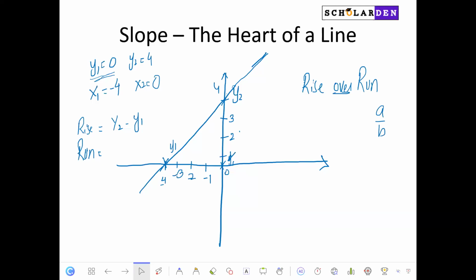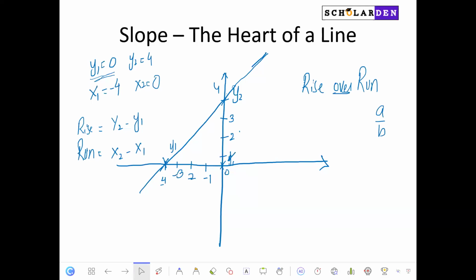We started at x1, and we went all the way till x2. x1 is -4. The run is the point that comes later minus the point that came first. So this is your rise and this is your run.